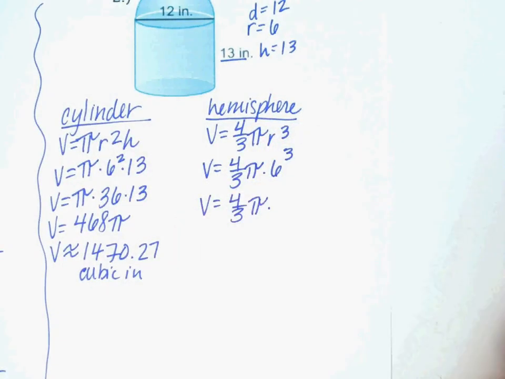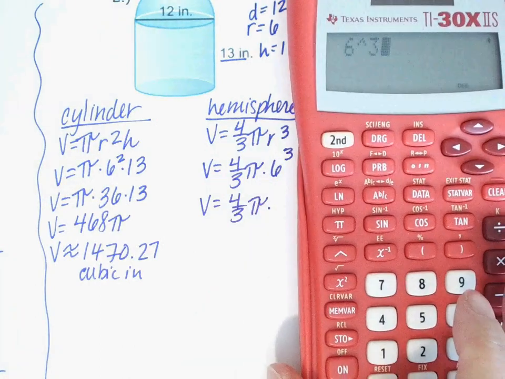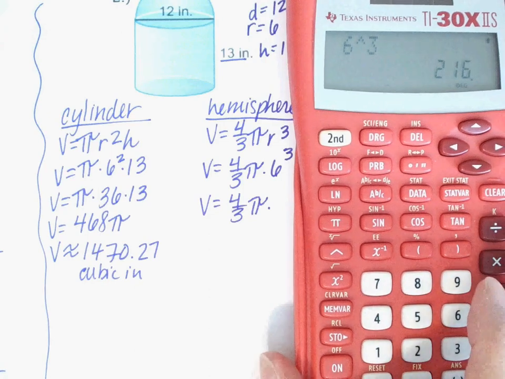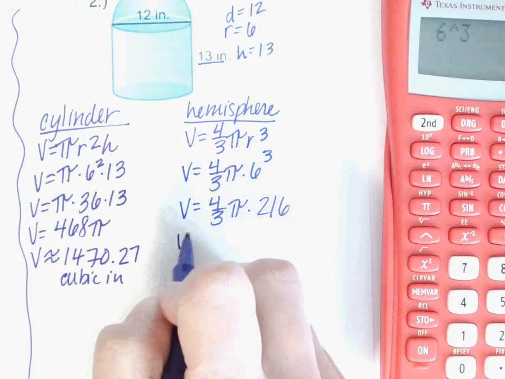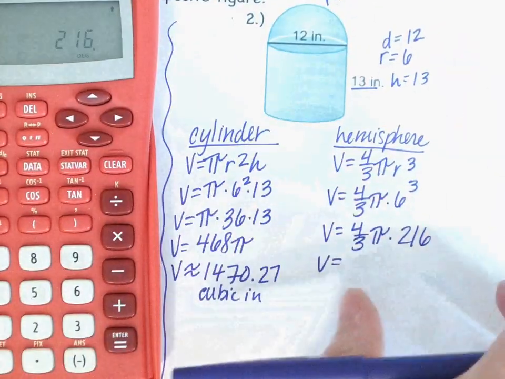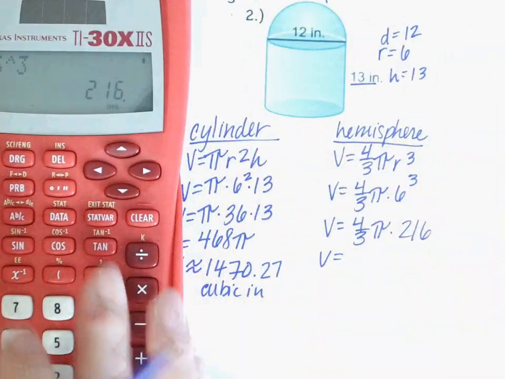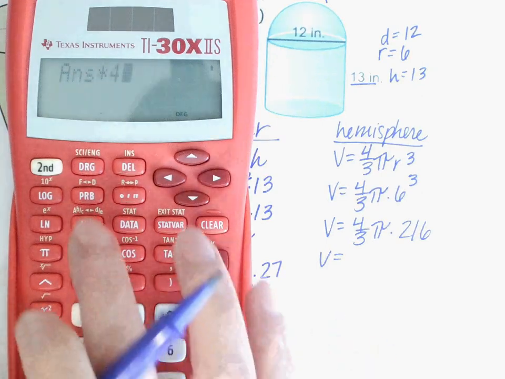Start with the exponents. 6 to the power of 3. Okay. I hit enter and I get 216. So 216. And then, I'll switch this over so I have enough room on here. Kind of tight. Multiply this by 4/3.